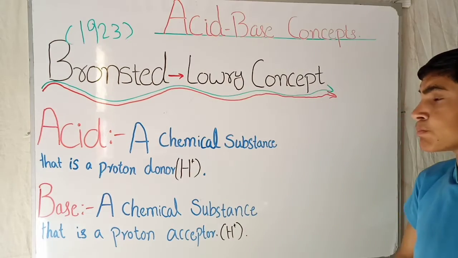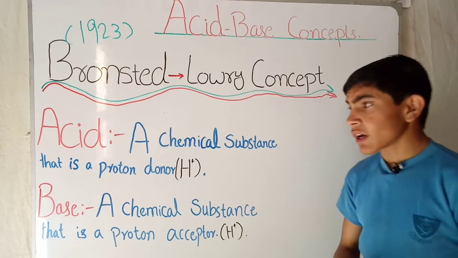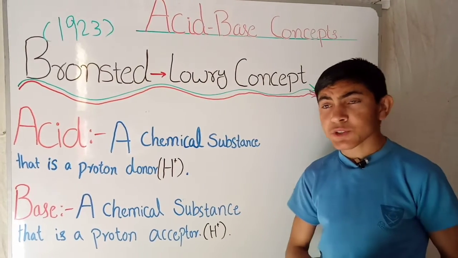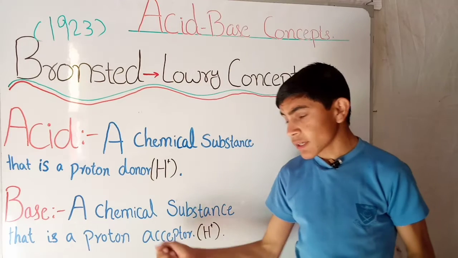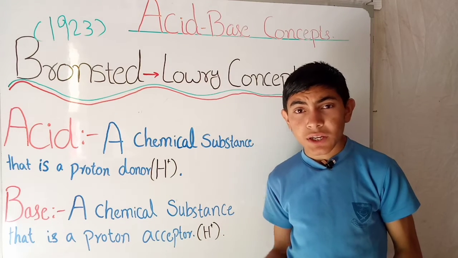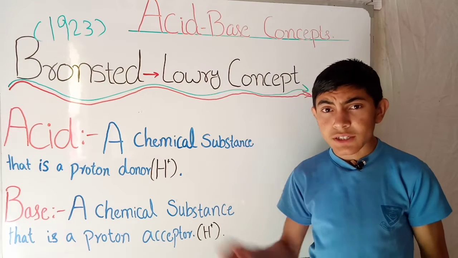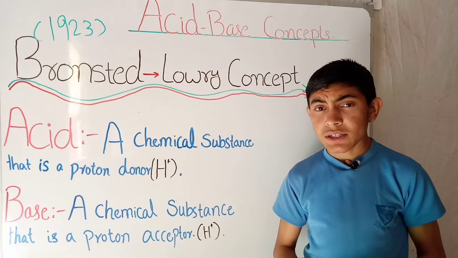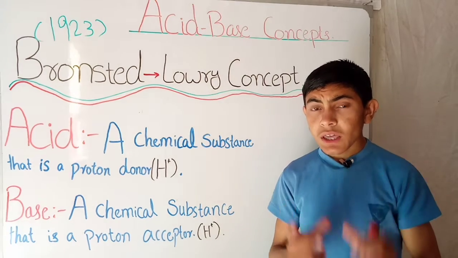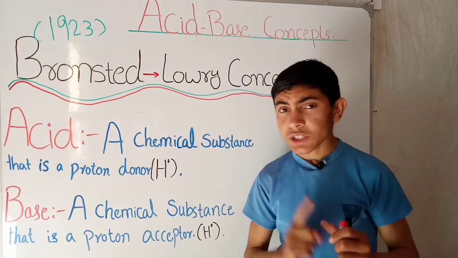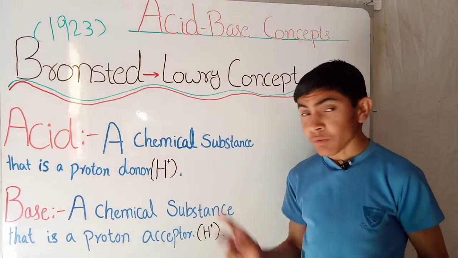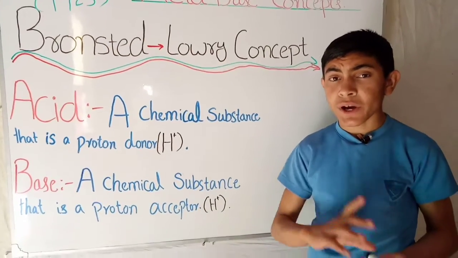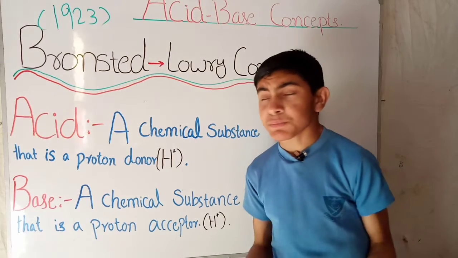The Bronsted-Lowry concept presented that an acid is a chemical substance that is a proton donor, while a base is a chemical substance that is a proton acceptor. The Arrhenius definition was on the basis of producing H positive ions and OH negative ions in aqueous solution, while this definition is on the basis of proton giving and proton accepting.